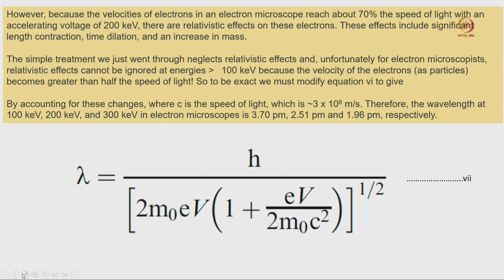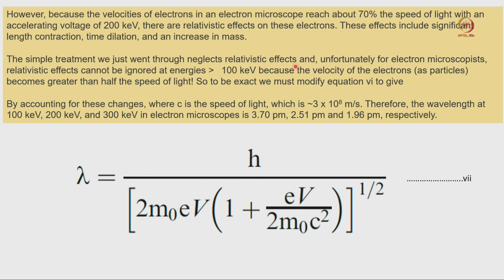So if we take this formula, there will be a wavelength of the electron, it is going to vary, and it is depending on the voltage of the microscope.